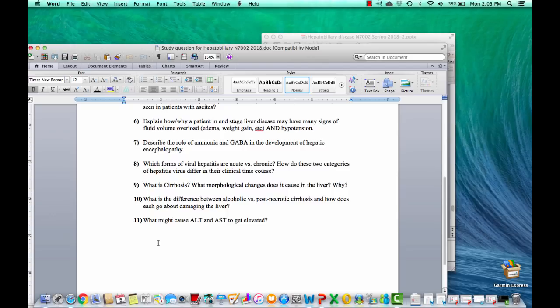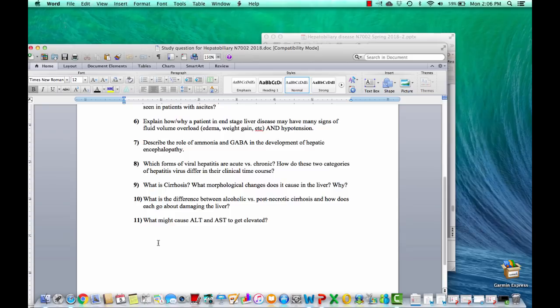Fatty liver disease will manifest as visual signs of fat accumulation and elevated liver enzymes. And it is reversible. But if the alcohol exposure doesn't subside, the alcoholic hepatitis will lead to cirrhosis. Okay.